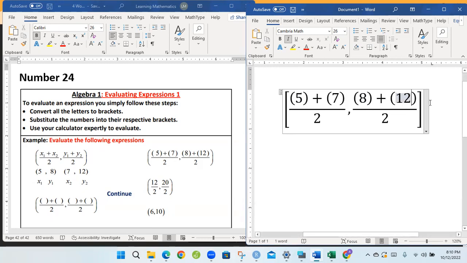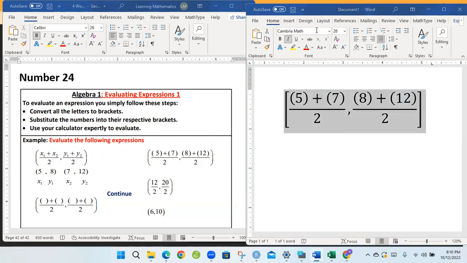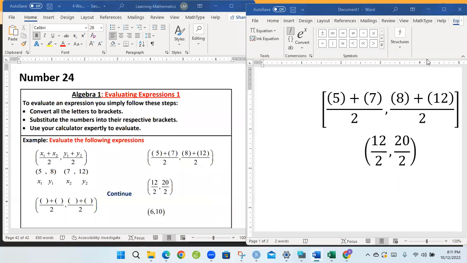And now we simply add and divide by 2. Five plus 7 is 12. 8 plus 12 is 20. And now we have to divide by 2. 12 divided by 2 is 6. And 20 divided by 2 is 10.